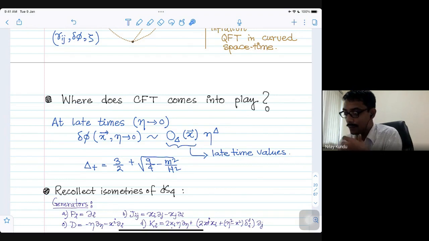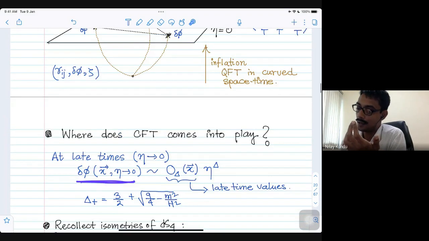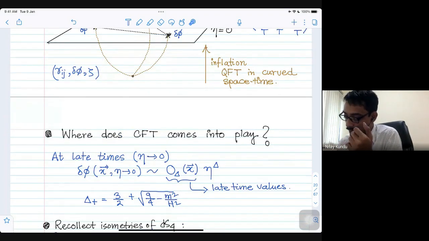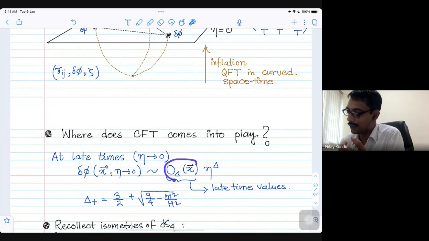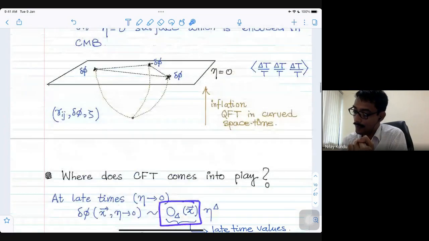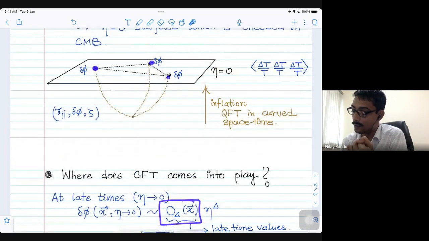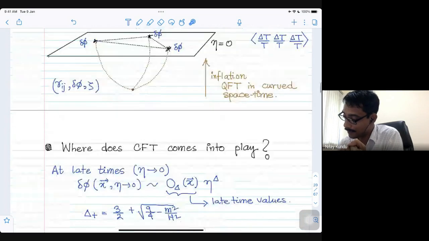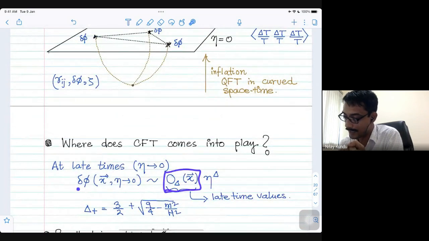If you know their evolution equations in the bulk and take the late time limit, there is a particular fall off of that field near eta equal to 0: some function of x times eta to the power delta. At eta going to 0, this is the value you attach to the late time slice. These are the late time values of any mode.